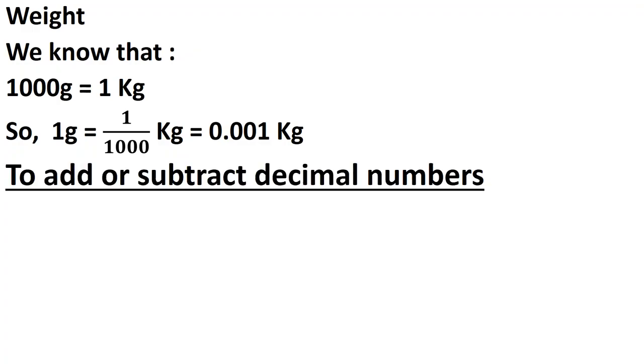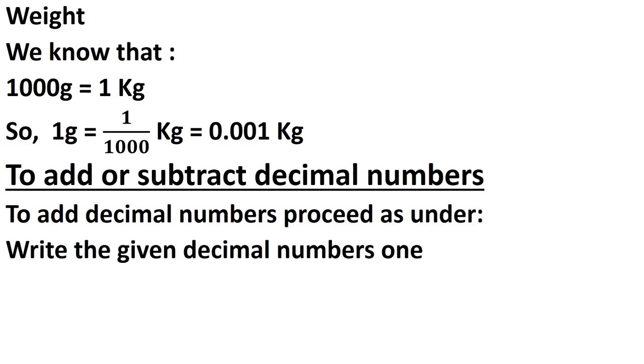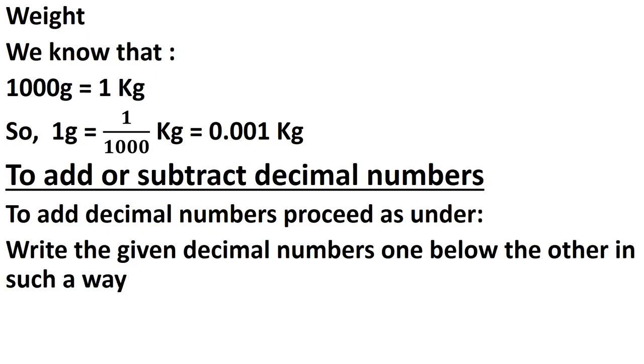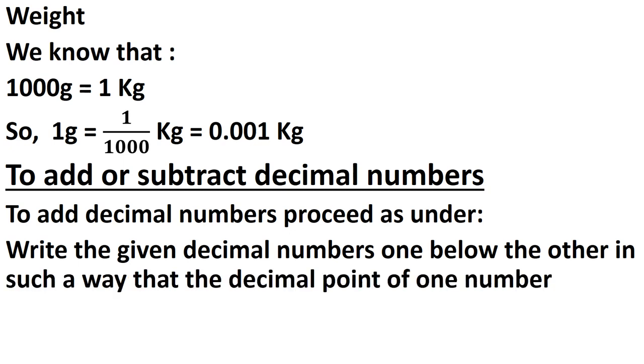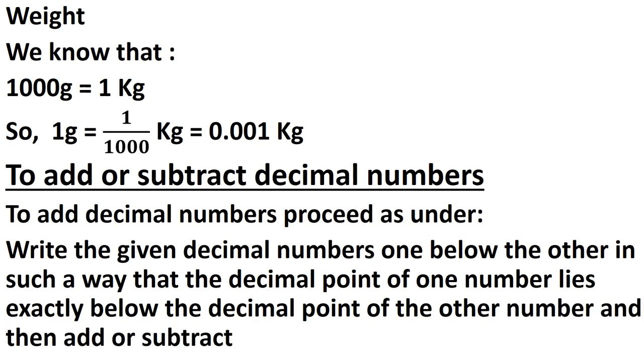Now how will we add or subtract decimal numbers? To add or subtract decimal numbers, we will proceed as under. Write the given decimal numbers one below the other in such a way that the decimal point of one number lies exactly below the decimal point of the other number, and then add or subtract in the usual way.